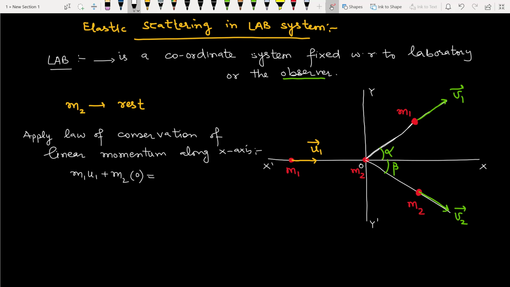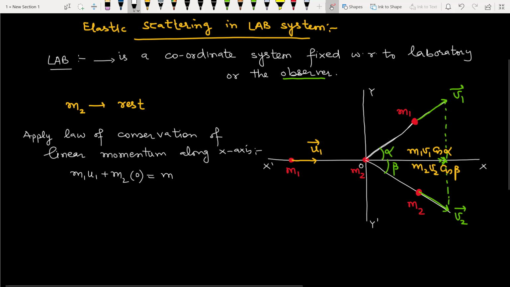Now we are to find the components of the velocities, and for the components we have to draw the perpendiculars like this. These components will be m1 v1 cos alpha and m2 v2 cos beta.